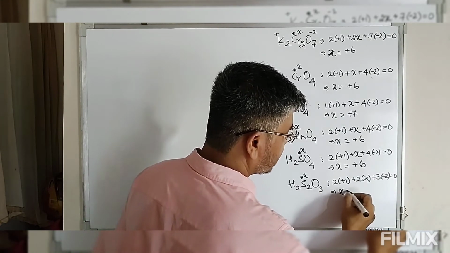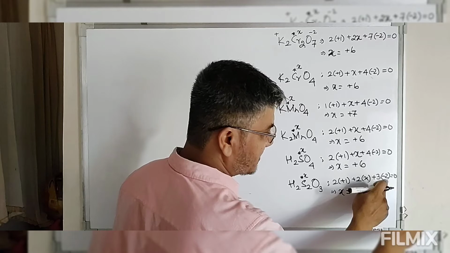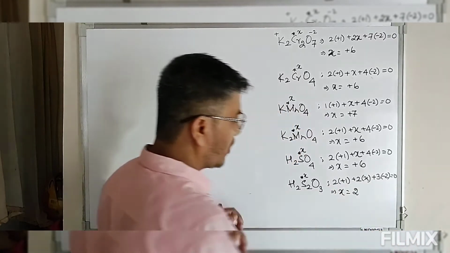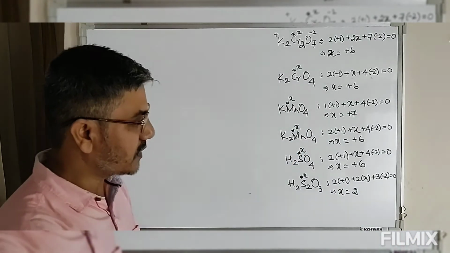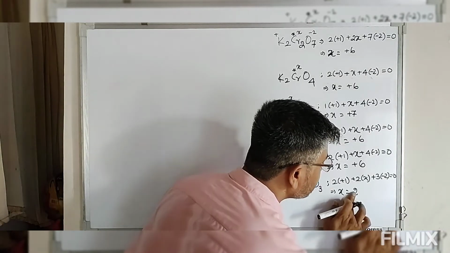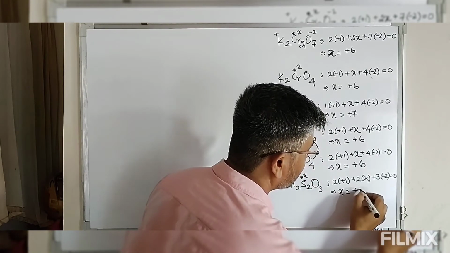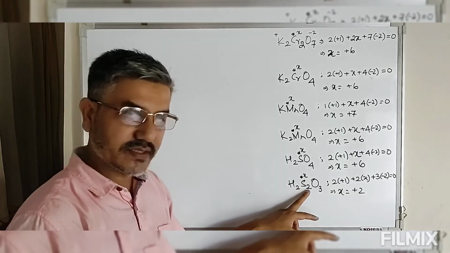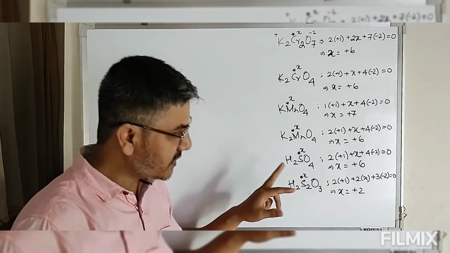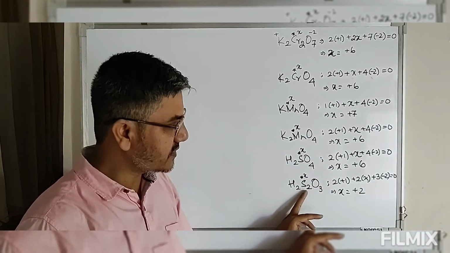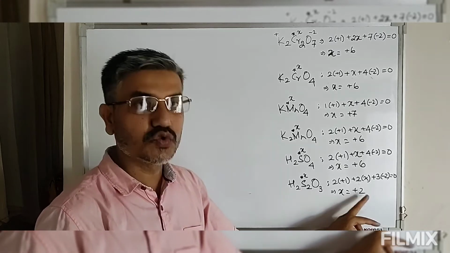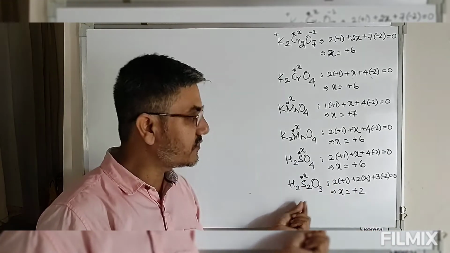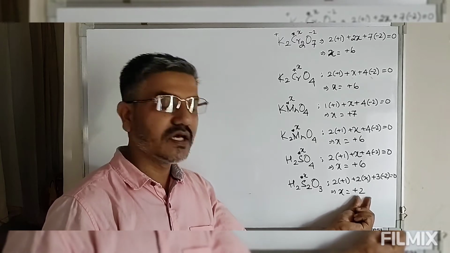So X is equal to 6 minus 2, 4, 4 by 2, 2. So this is +2. Now look at this, there are 2 sulfur atoms, and for these 2 sulfur the average oxidation state is +2.